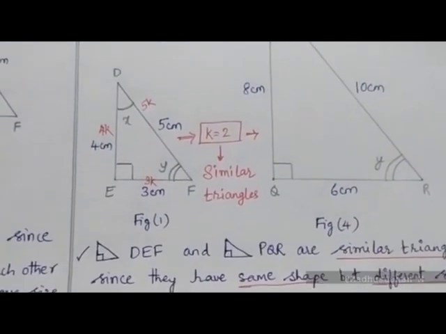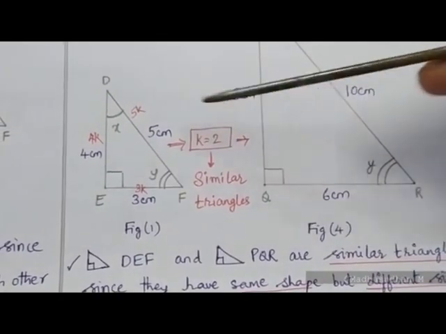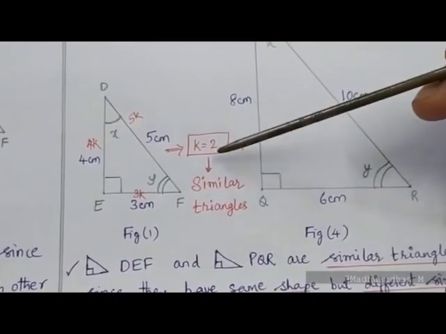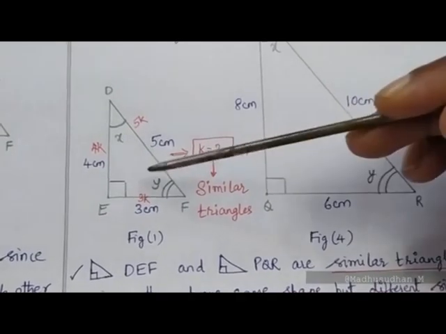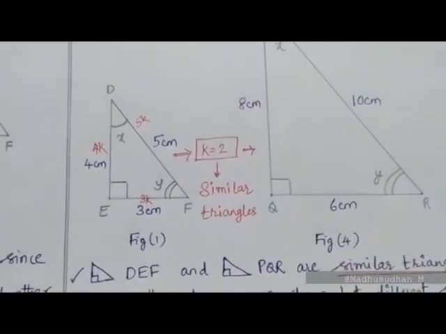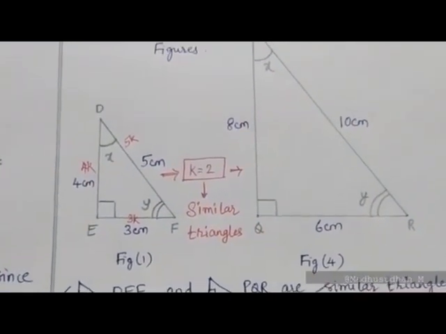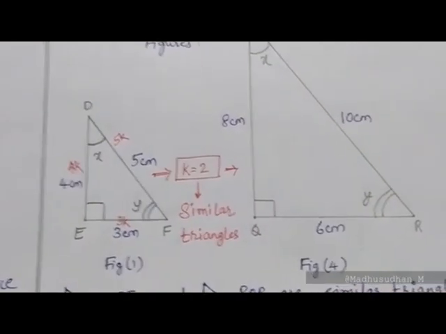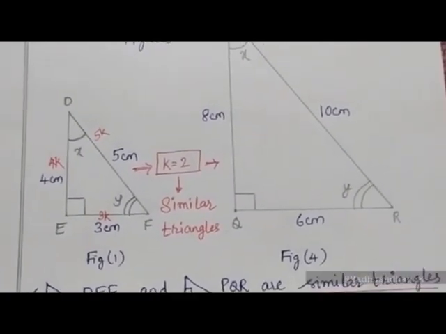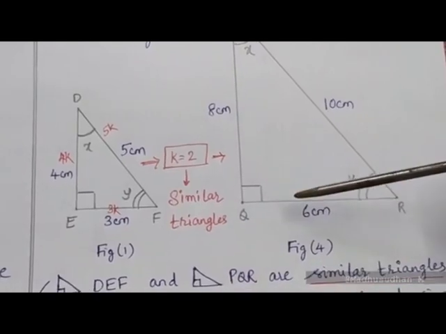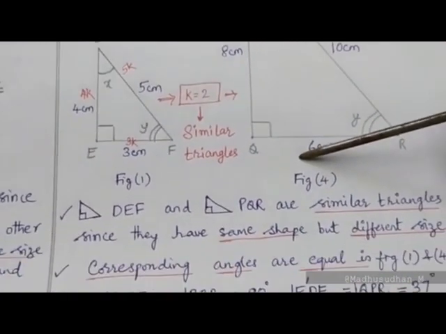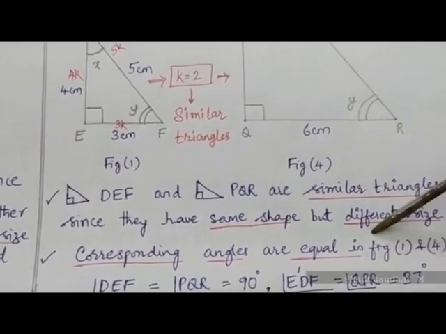Followed it, children? Throughout these two figures, K equal to 2 should be the same for every side. The multiplication factor K should be the same. If K varies for every side, then those two triangles cannot be similar triangles. The corresponding angles are equal. We have noted that.